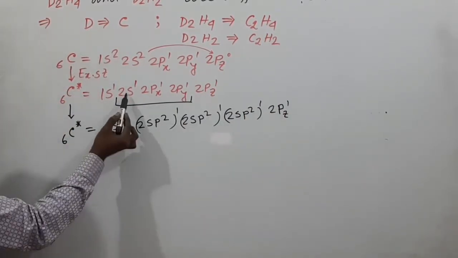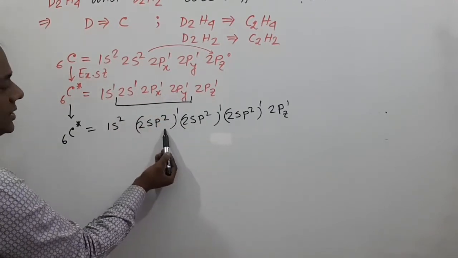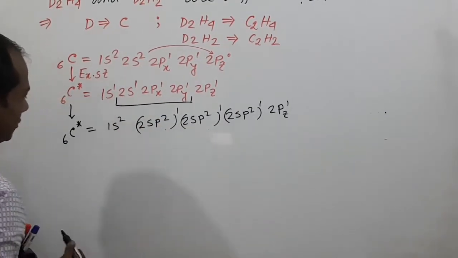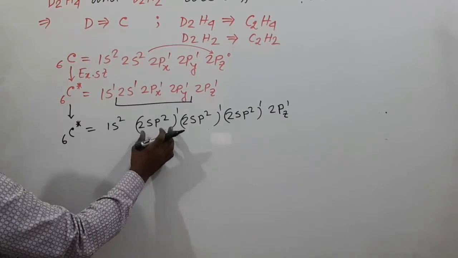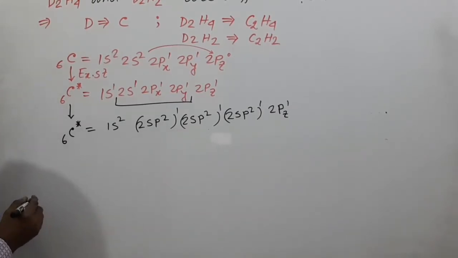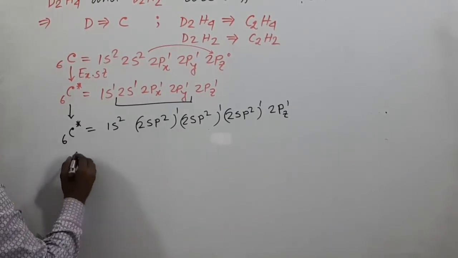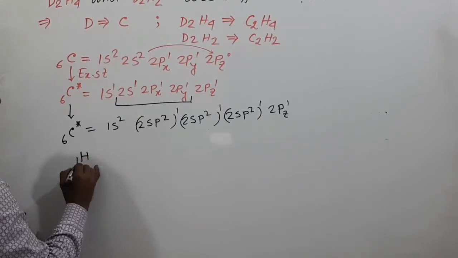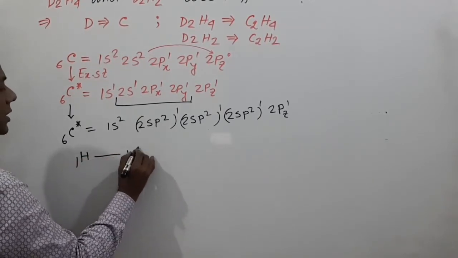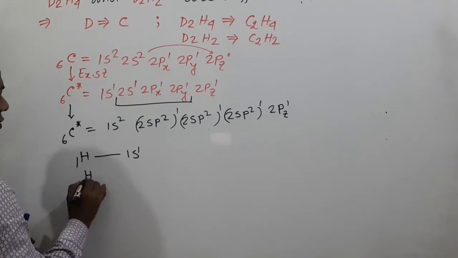My dear students, here 1 electron is present in each, so we write here 1 electron each, and this 2sp2 hybrid orbital overlaps with the 1s1 orbital of hydrogen.